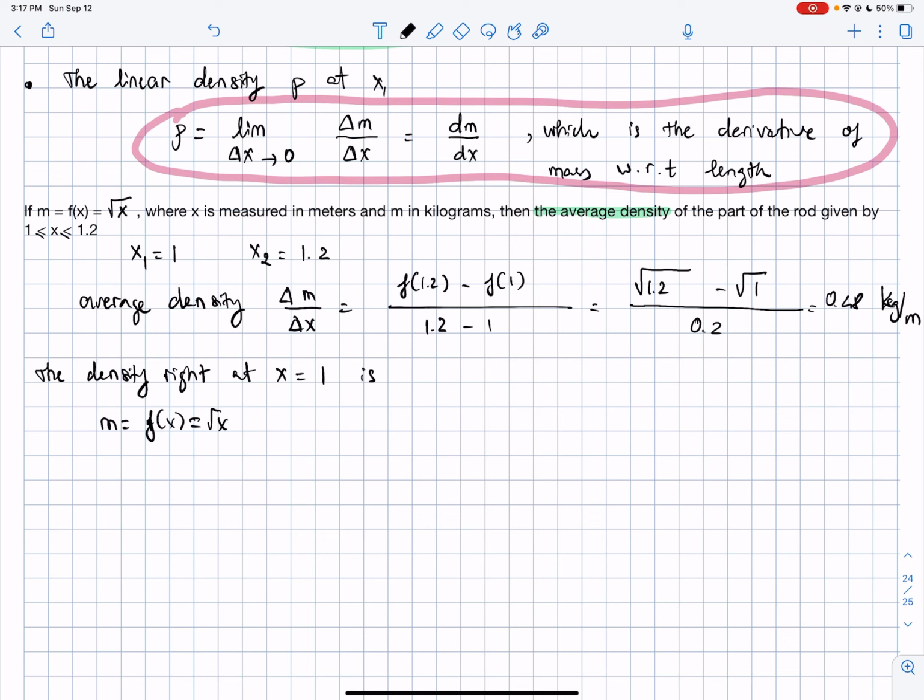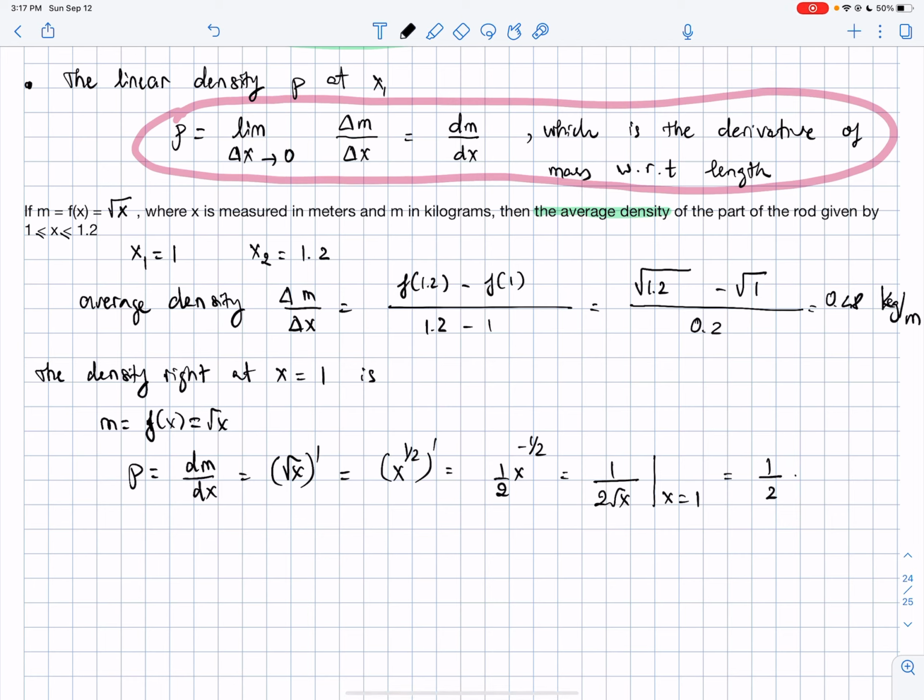We find rho by taking dm over dx with respect to x. So we take the derivative of the square root of x, which is x to the 1/2 prime, and we have 1/2 x to the negative 1/2, and that is 1 over 2 square root of x. And we evaluate this at x equal to 1. Then we get the answer 1 over 2, which is 0.5 kilograms per meter.